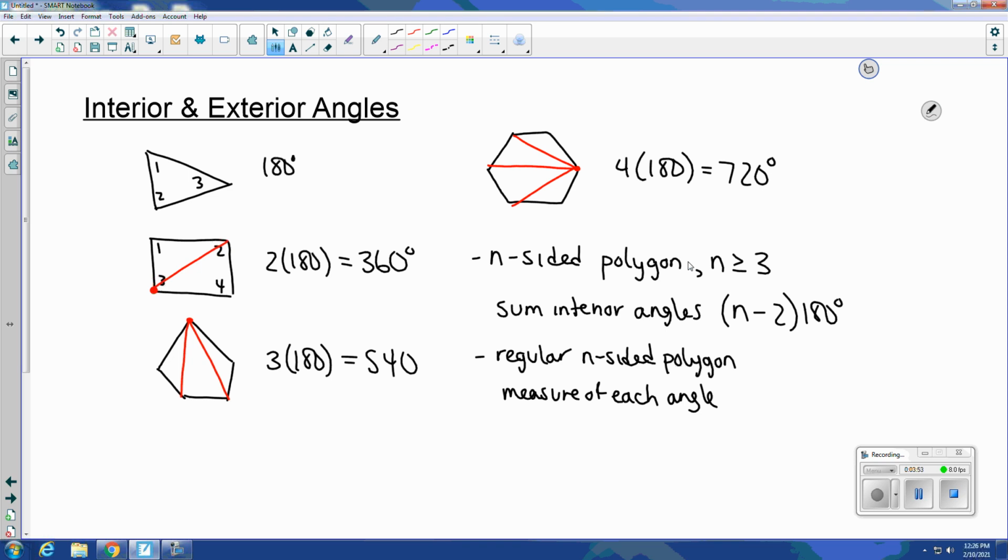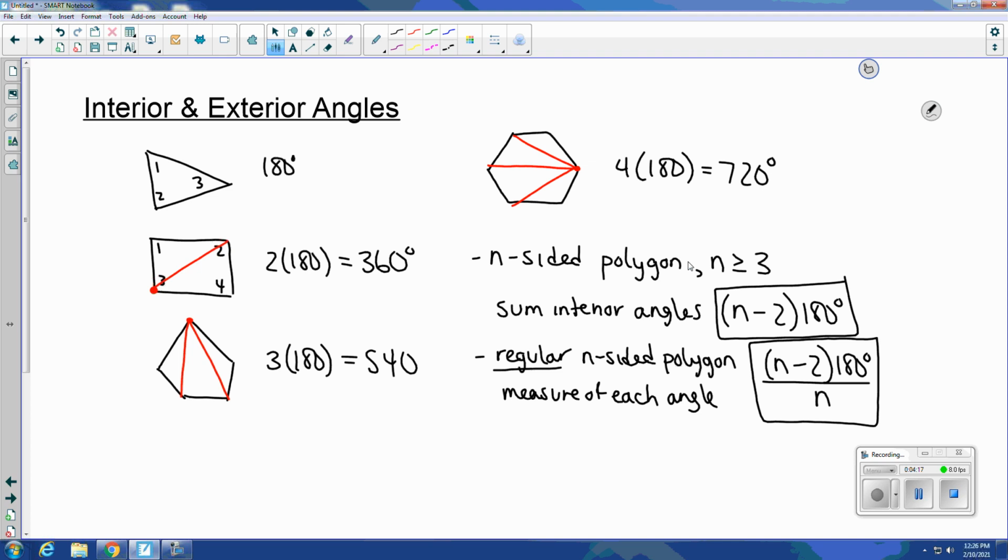So if n represents the number of sides, then we can say each individual angle can be calculated by taking the sum, dividing it by the number of angles. So n-sided, n angles. So this is our formula for a total sum of the interior angles. And here's our formula for the measure of each individual angle as long as it's regular. If it's irregular, we can't just divide by n because not all of them are the same. So that is interior angles of the polygon.